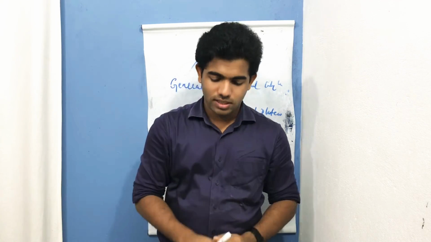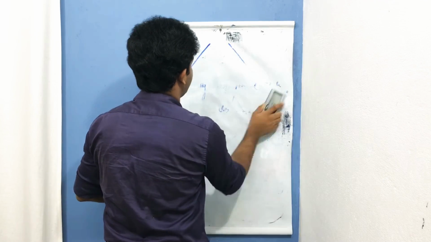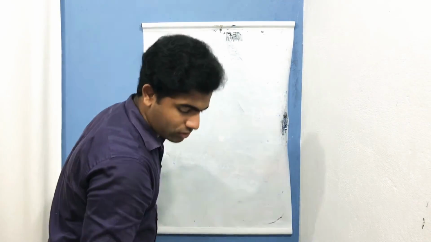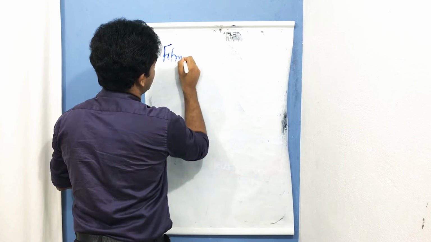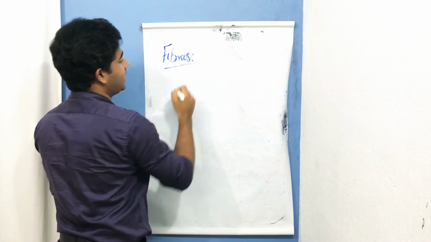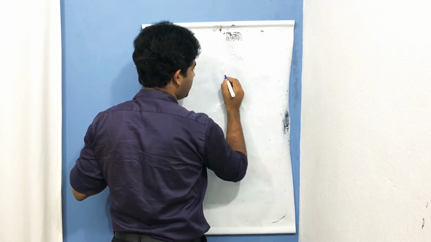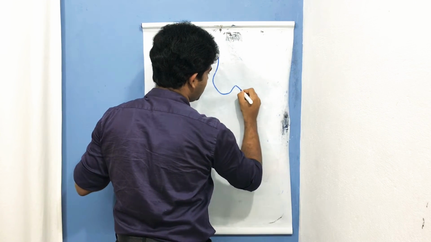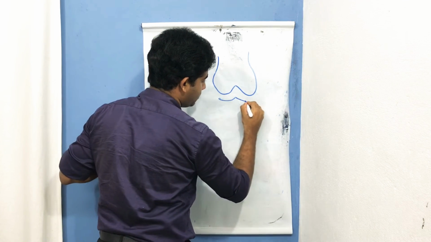Now let us discuss the first layer of the capsule, that is the superficial layer or the fibrous layer of the knee joint capsule. To understand this fibrous layer, we need to draw a diagram of the knee joint, an anterior view. This is how the knee joint is, and you have the tibia over here.